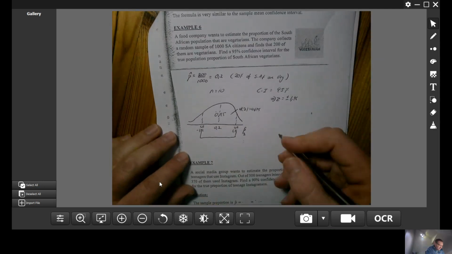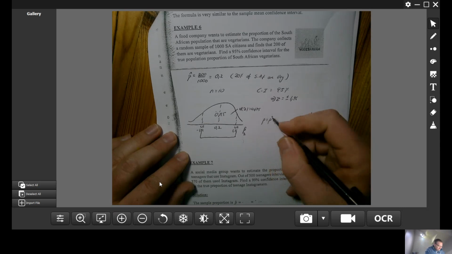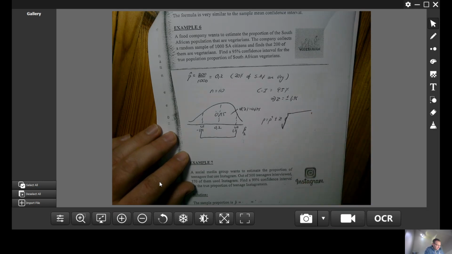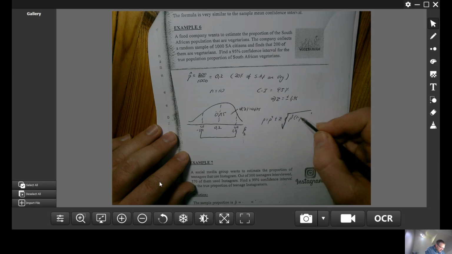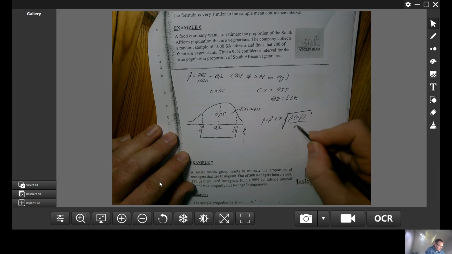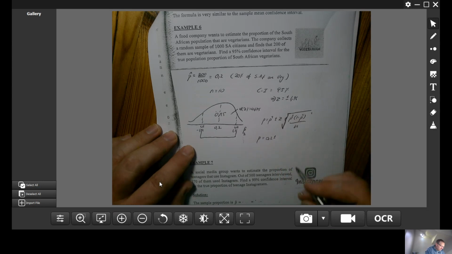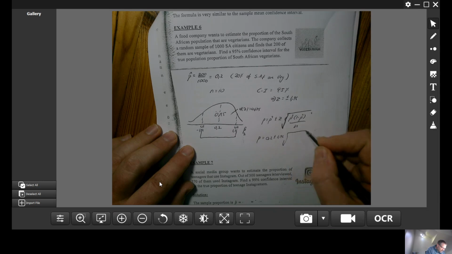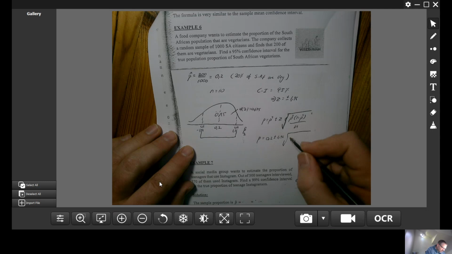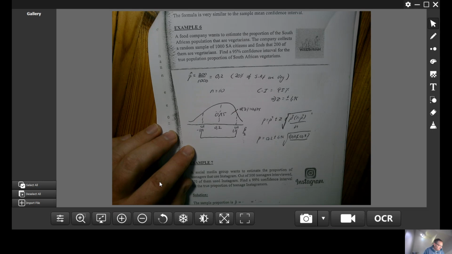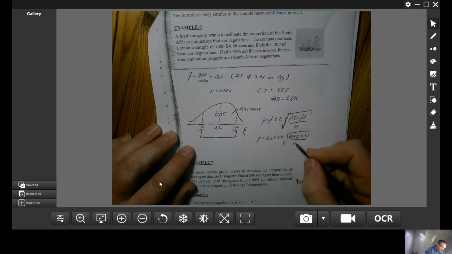So you're going to have P is equal to P hat plus minus the Z score times the square root, it's all under the square root, of P hat, 1 minus P hat, over N. So your parameter boundaries are going to be P is equal to P hat, which was 0.2, plus minus your Z score of 1.96, times the square root of 0.2 times 1 minus P hat, which is 0.8, over N, and N was equal to 1,000 citizens. So over 1,000.